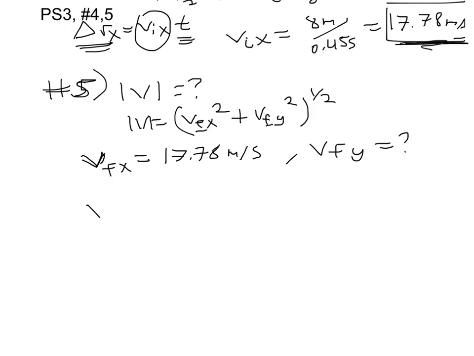To do that, we'll use the equation where the final velocity in the y direction is equal to the initial velocity in the y direction plus the acceleration times time.